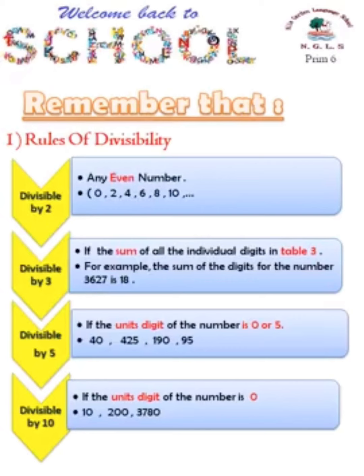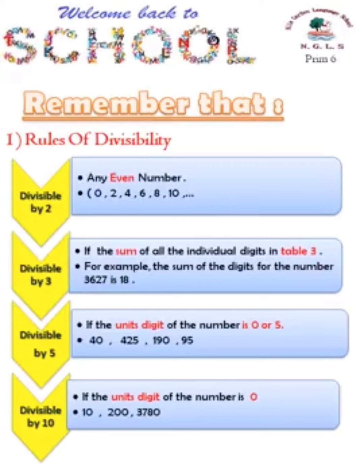Is 18 in table 3? Yes, I will find it in table 3. So this number is divisible by 3. So any number whose sum of digits is in table 3 is divisible by 3.